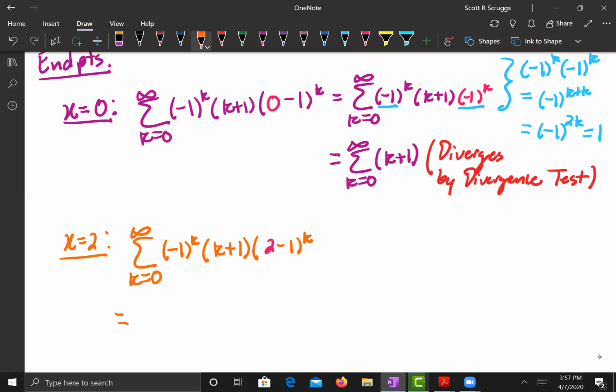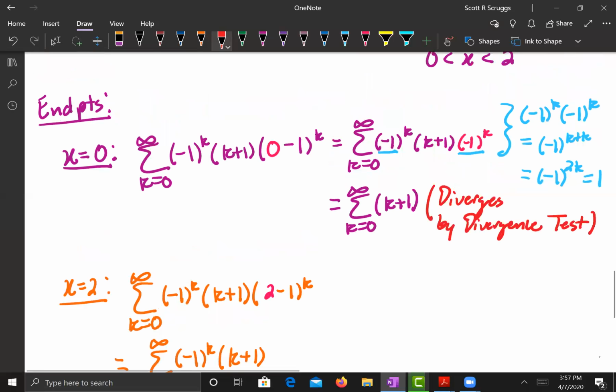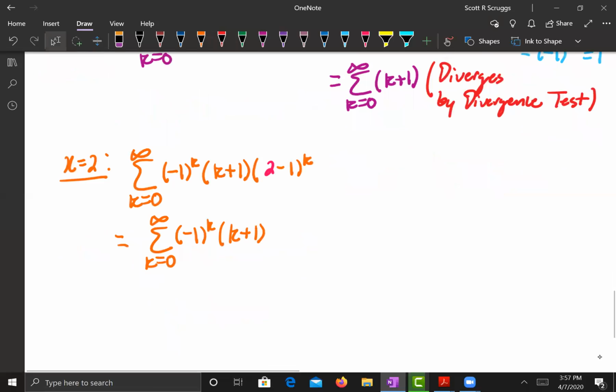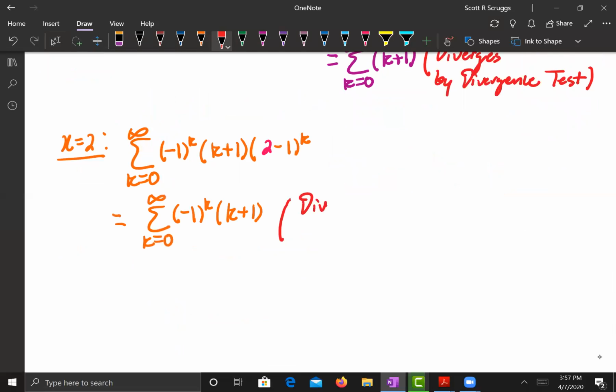So I'm just going to have the sum from k equals 0 to infinity of -1 to the k times k plus 1. And I'll go ahead and let y'all know that this series will diverge again by the divergence test.